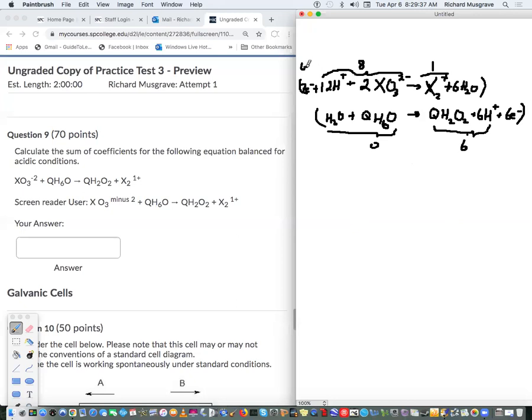So I'll have to multiply the top one by 6 and the bottom one by 7. I'll do the water and the H plus first. Those are the hardest ones. So the water, we've got 36 on the top, and on the bottom we've got 7. So 36 minus 7 is 29. So 29 waters. Oops, it goes on the other side.